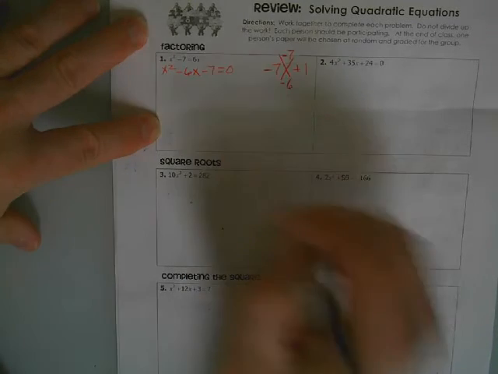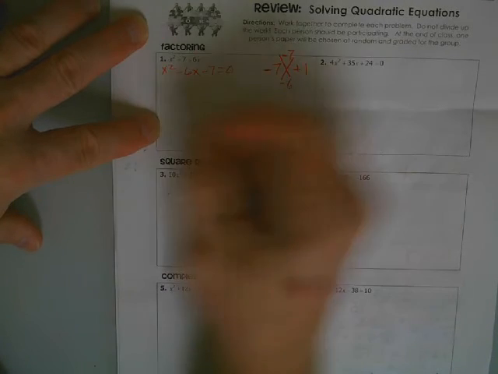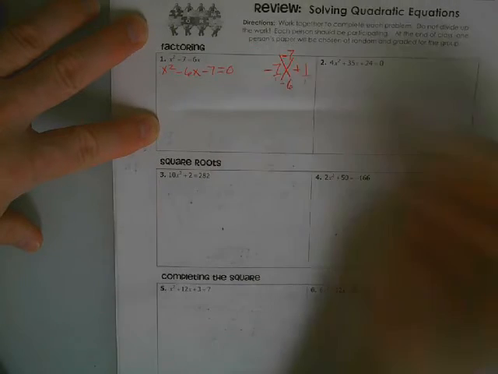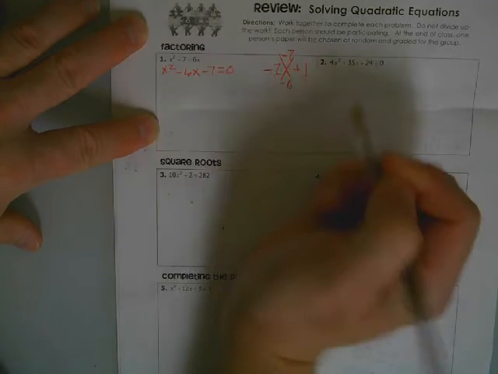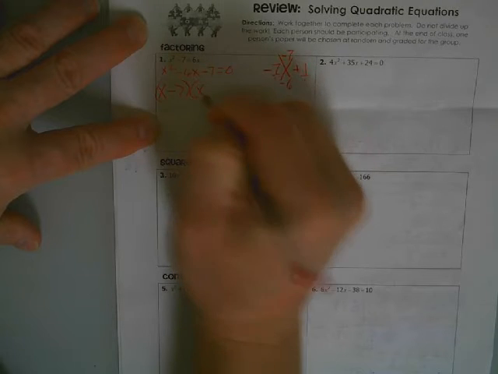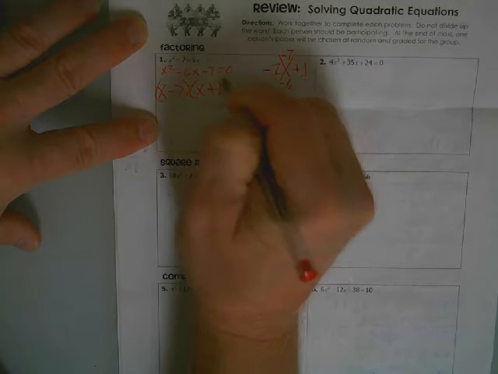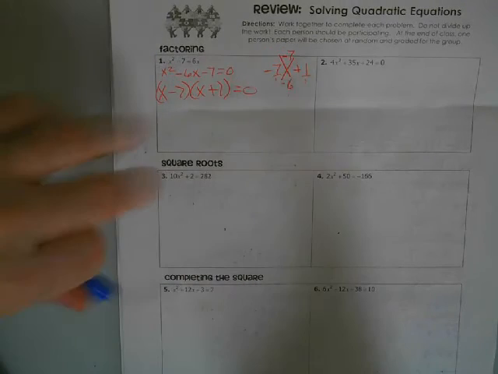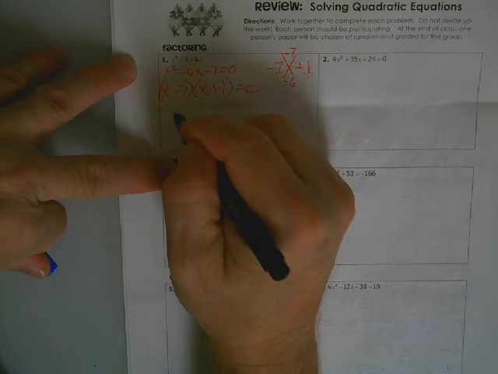So, our factors here, we don't have a coefficient of A, so those are both over 1. They simplify as the same value. So it's x minus 7 times x plus 1 equals 0. So you solve each one, set it equal to 0.